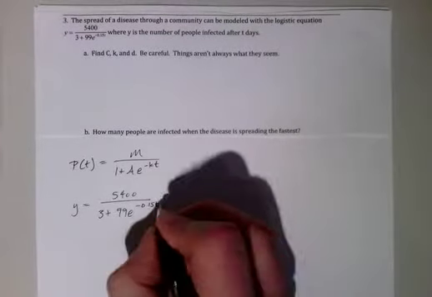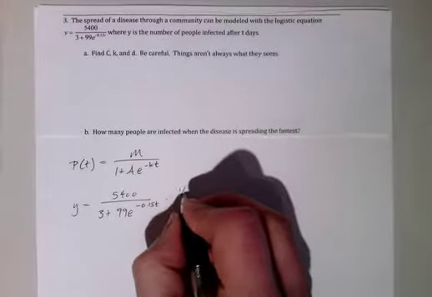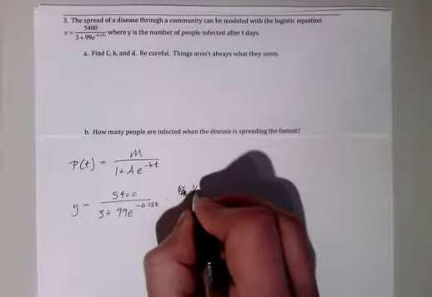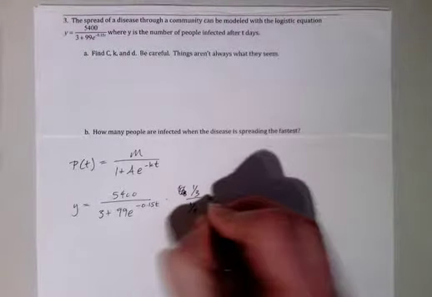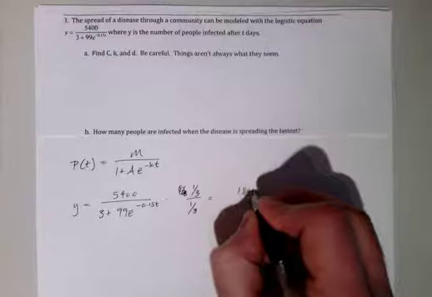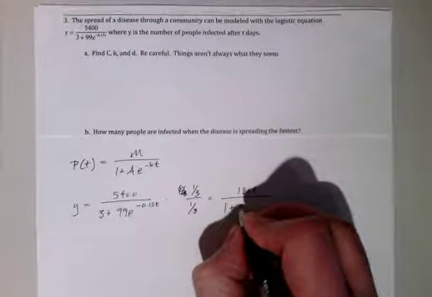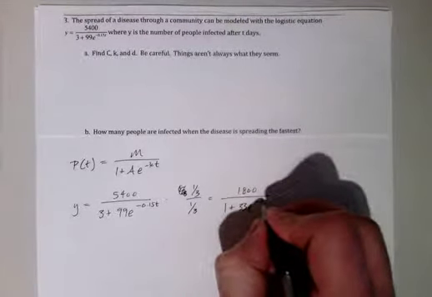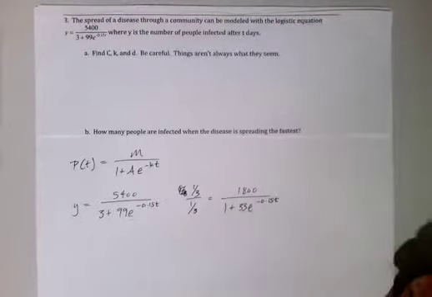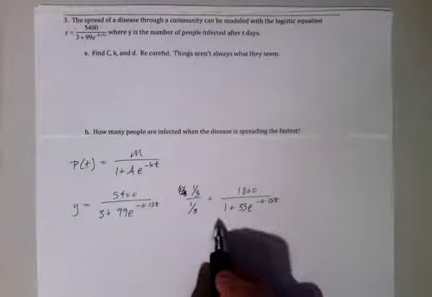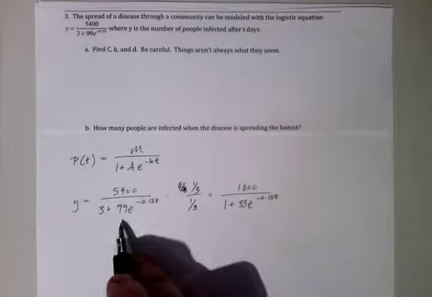Now, that's nice because all of those numbers are divisible by 3. So I can actually get to here, okay? This is actually what we want to deal with, not this.